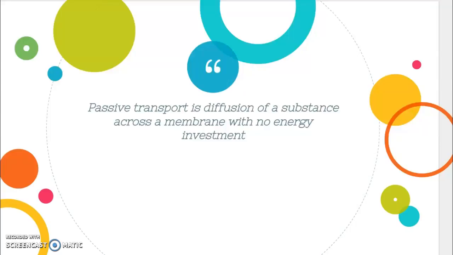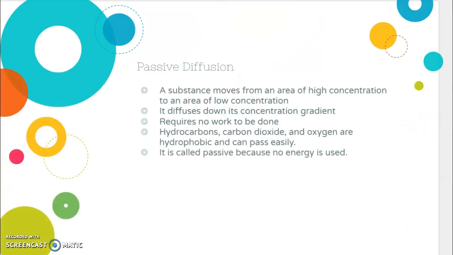This is the next concept I want to talk about. Passive transport is diffusion of a substance across a membrane with no energy investment. Our first type is called passive diffusion, and this is when a substance moves from an area of high concentration to an area of low concentration, diffusing down its concentration gradient. Think of that as going with the flow of traffic.